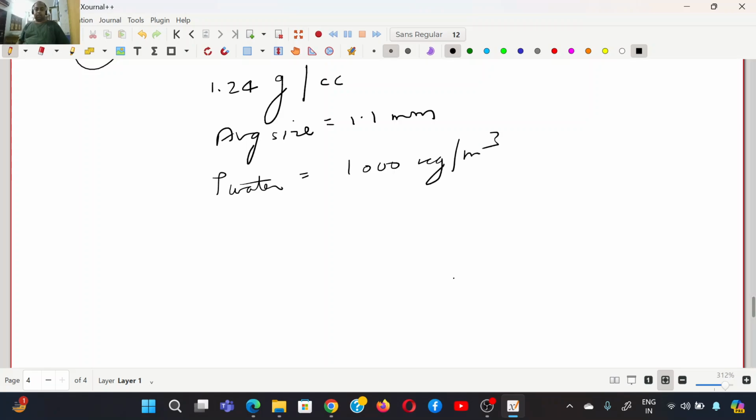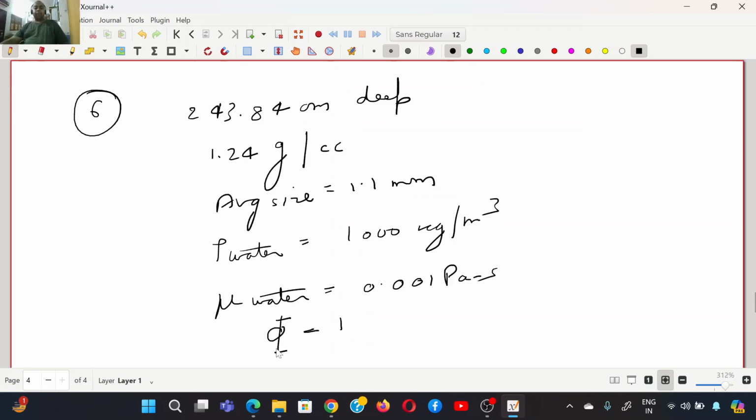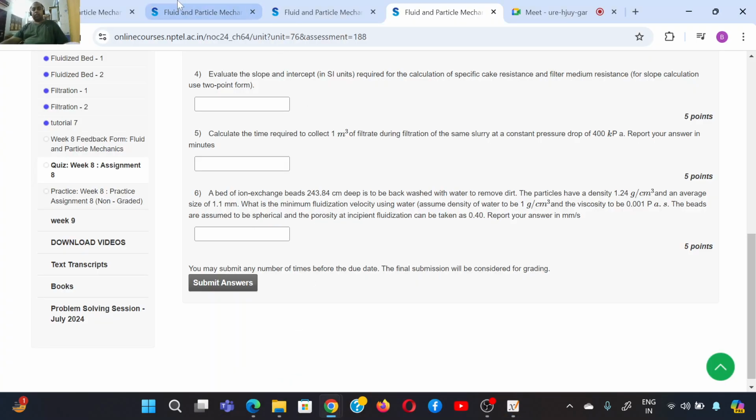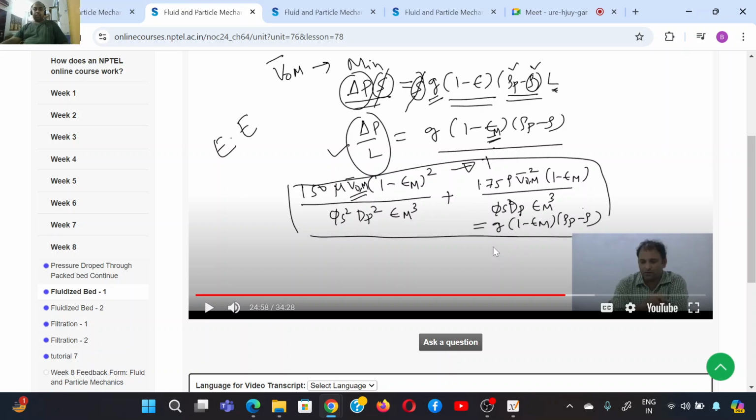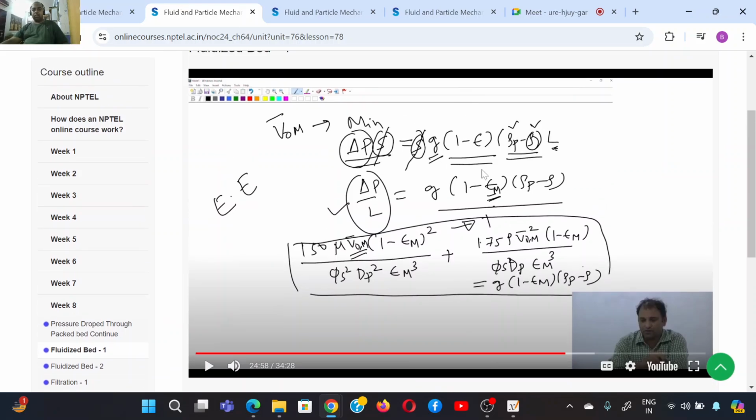Viscosity of water is given as 0.001 Pascal second. Sphericity is equal to 1 because it's a spherical particle. And porosity at incipient fluidization is equal to 0.4. And they want you to find the minimum fluidization velocity. So to find the minimum fluidization velocity, this is the formula, Sarajan and Classi.